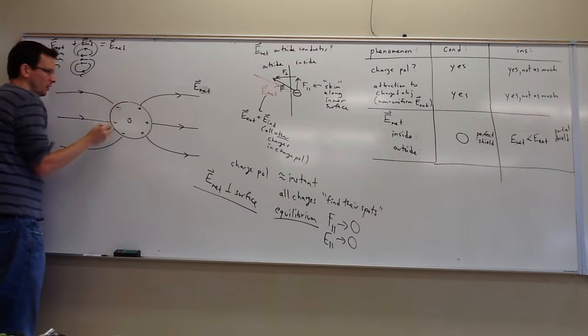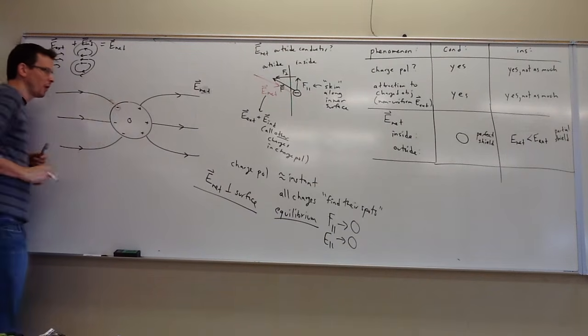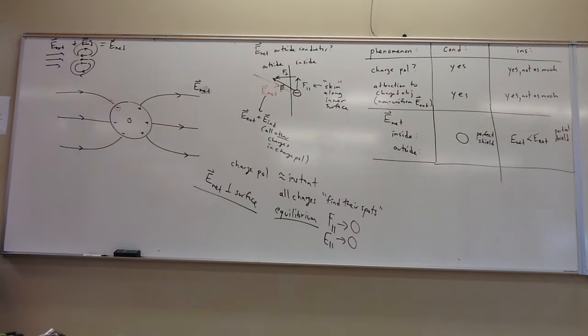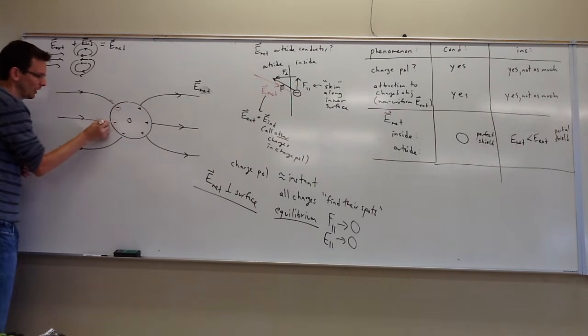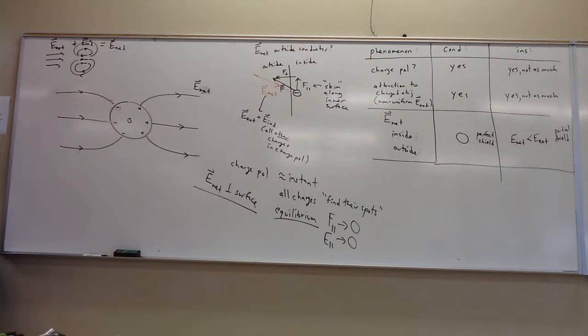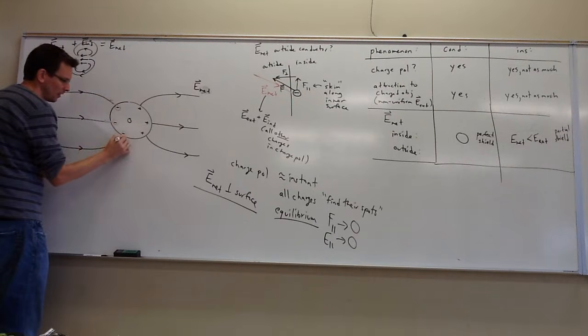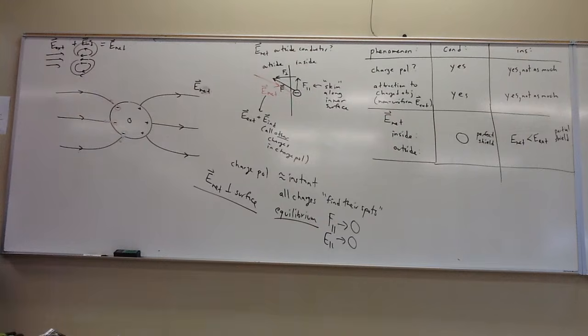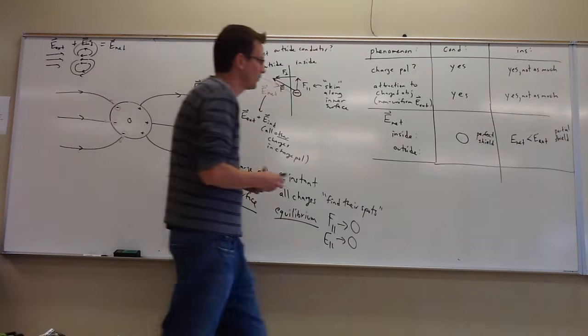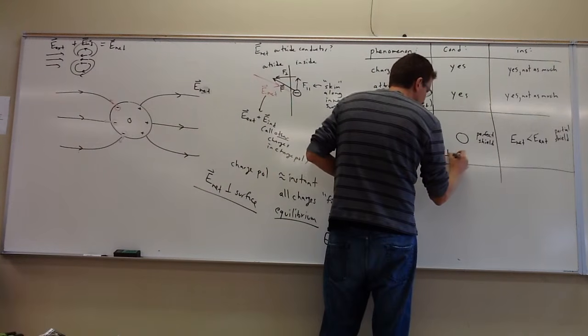This electron, the only desire it has left is to go upstream to that field, but since it can't do anything with that, then it's found its spot. This electron, it would like to go this way, but it's found its spot, so that's it. And this one would want to go that way, right? But since it can't go that way, that's the end of the charge polarization. This is the equilibrium situation. So what we have is that the net electric field outside a conductor is bent perpendicular to the surface.